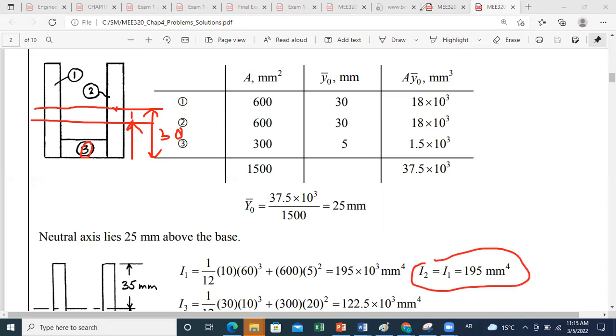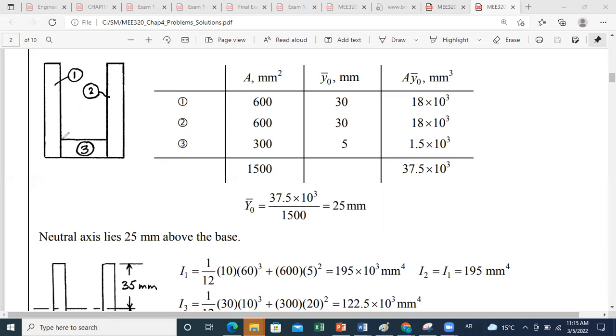Now for I3, for part 3, which is here, I call this part 3. What we have to do then is to determine first what is the distance between the neutral axis and the axis passing by the centroid of the section. We have seen that because the height of rectangle 3 is 10 millimeter, its centroid is at a distance of 5 millimeters from the bottom.